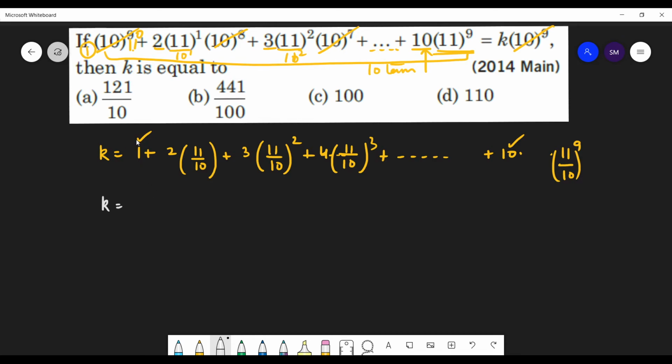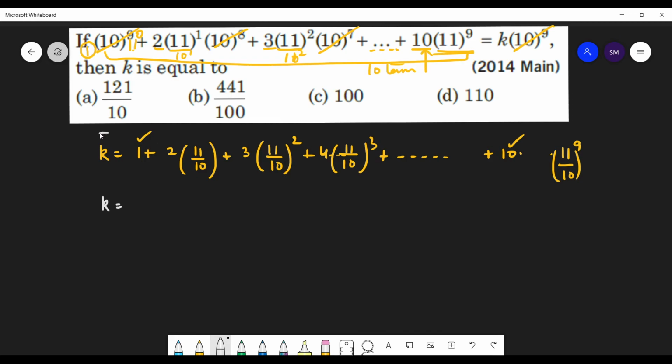If you want to include 1, or you don't want to include 1, that's your choice. So if you want to include 1 also, then here also I should have 11 upon 10. Yes or no? So multiply both sides with 11 upon 10.